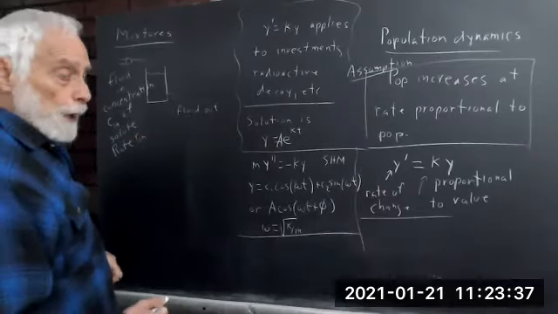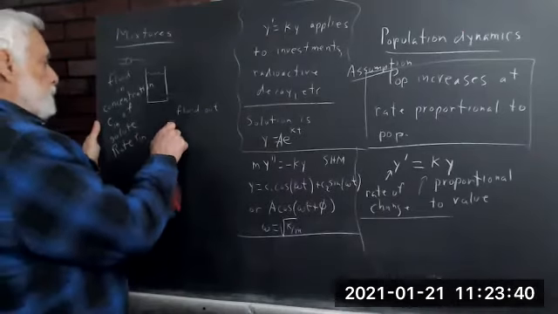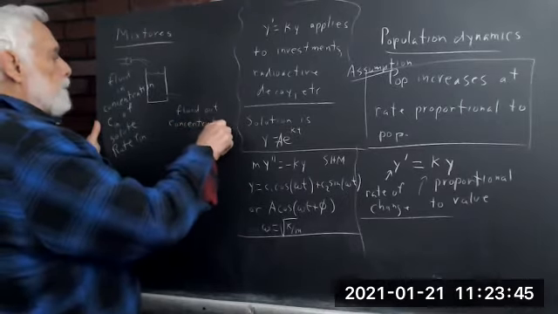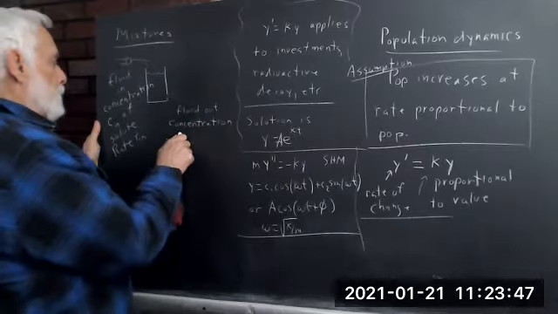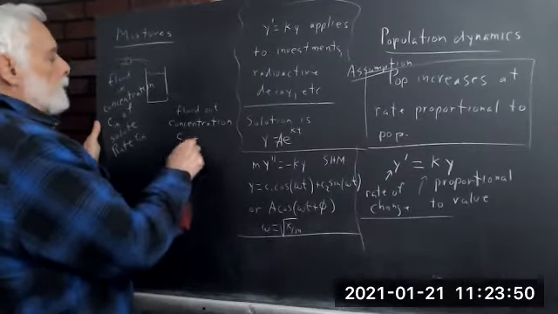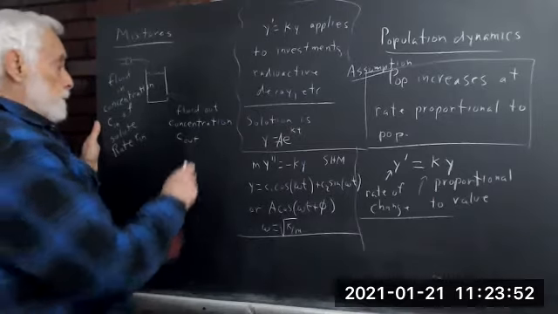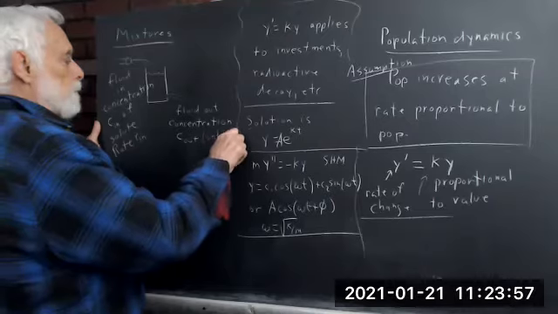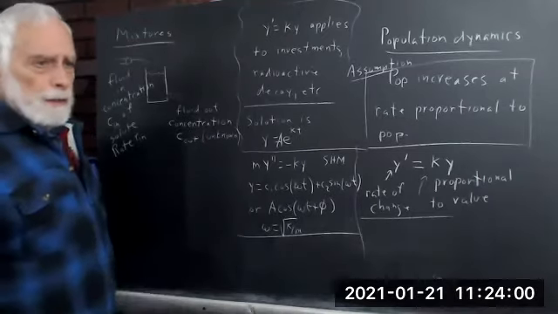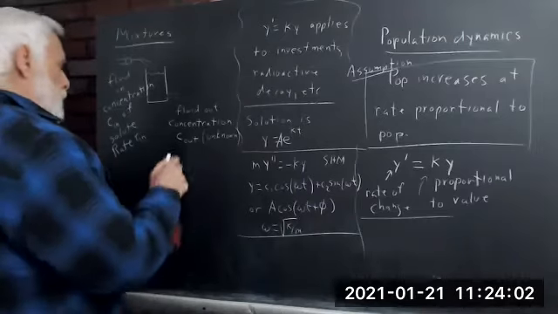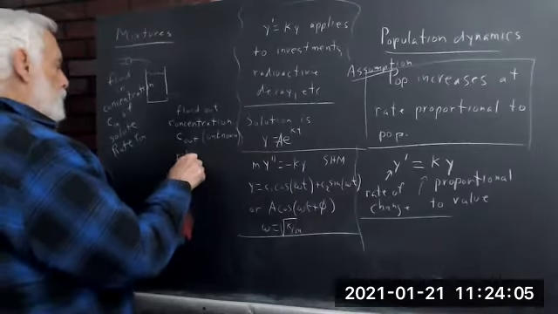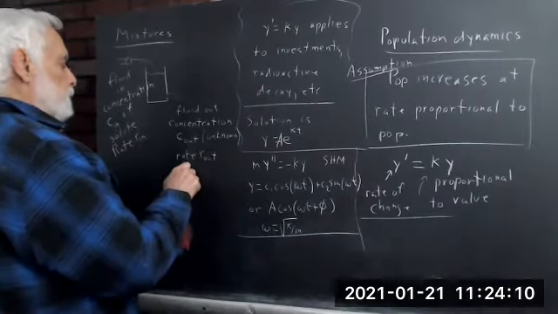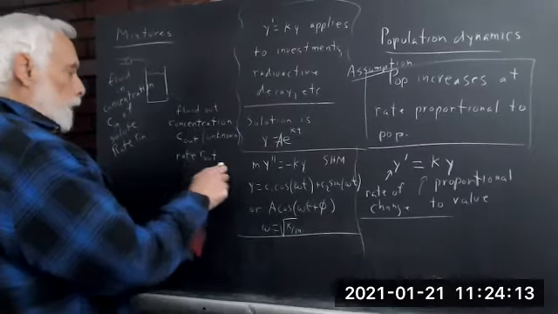And then you have fluid out. Concentration C out, which is unknown at any given time until you solve the equation. Rate R out.